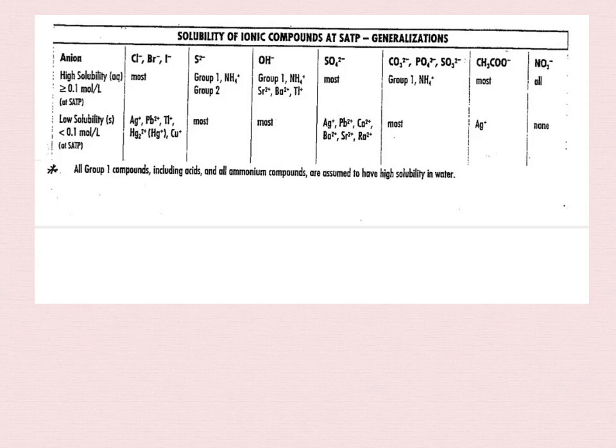Consider this reaction. If you had a solution of sodium hydroxide, which is aqueous by definition of a solution, and you were to react that with an iron, say an iron 3 chloride solution, AQ.